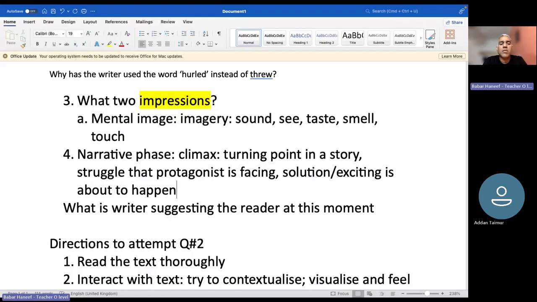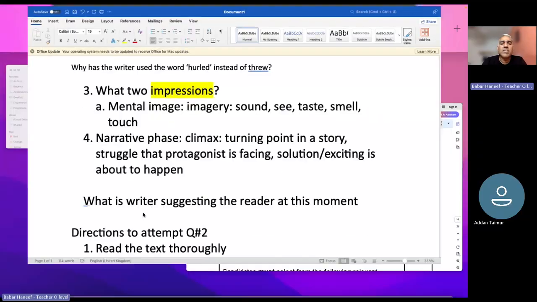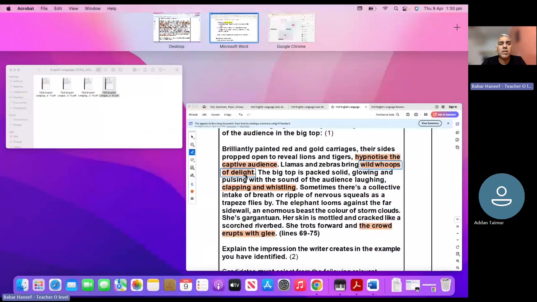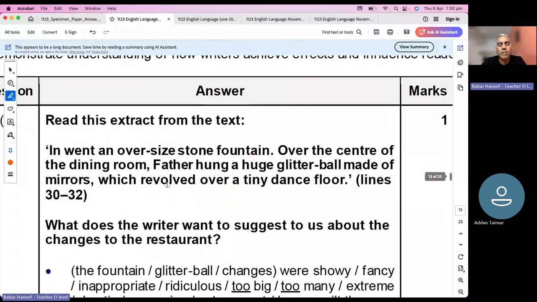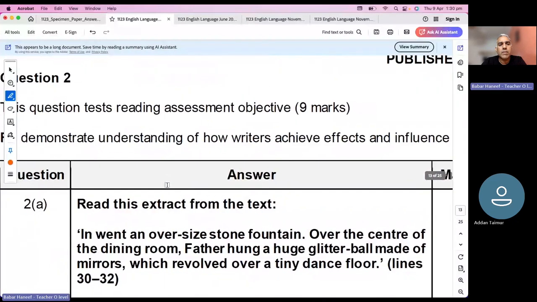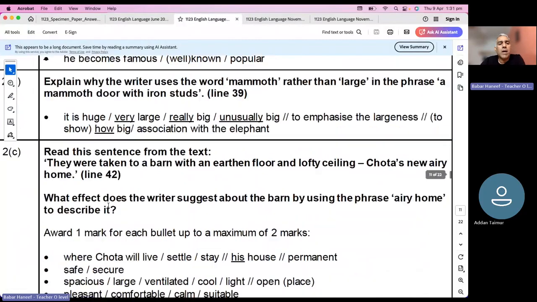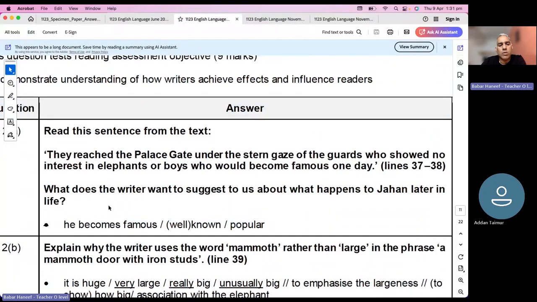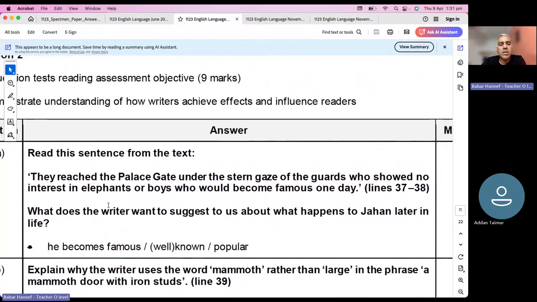These are the kinds of questions that usually come in the paper. For example, we'll look at just one question here. This is usually 2A, but from past year they have changed the order of the questions, so these questions can come at any time.